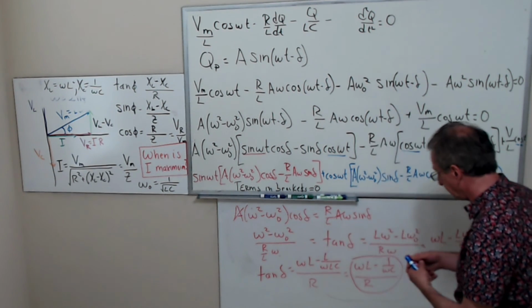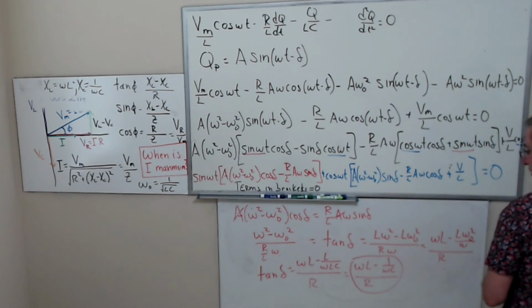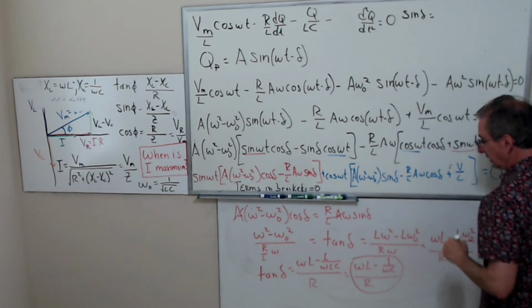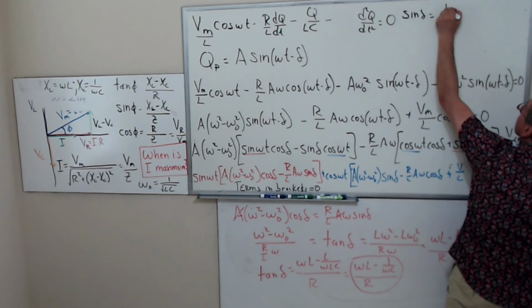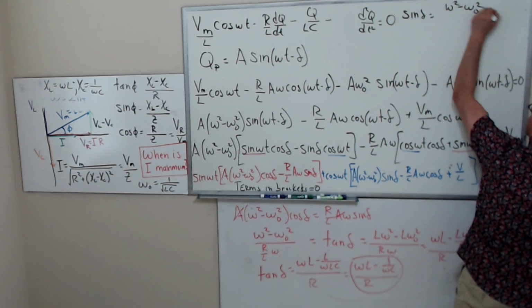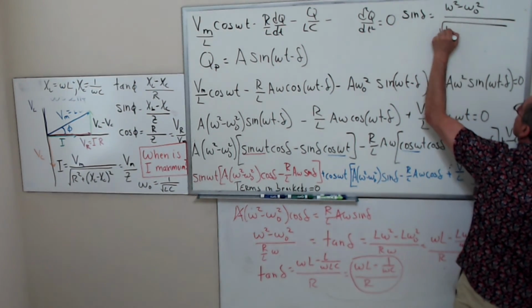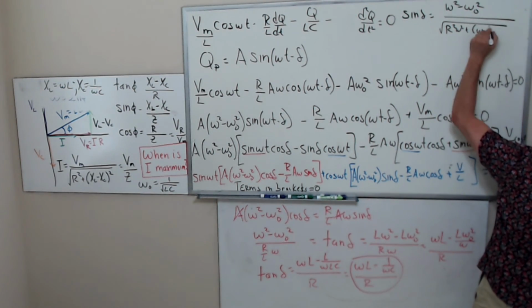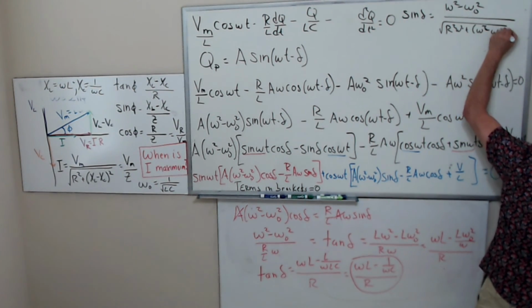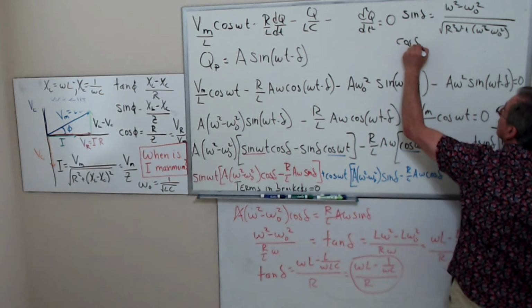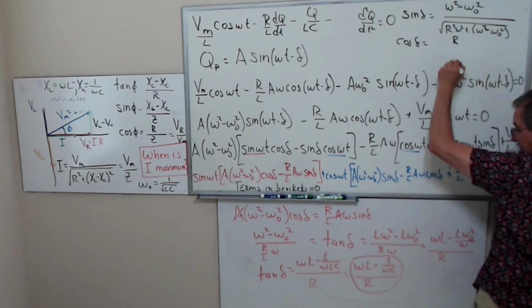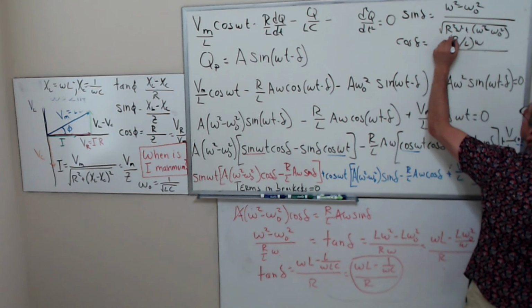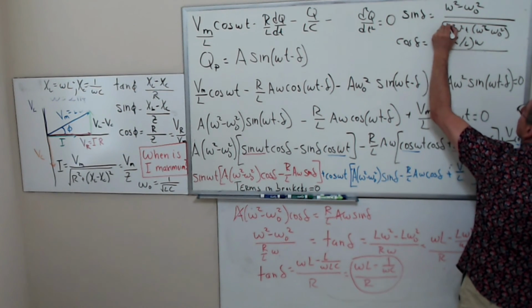So because this is true, then sine of delta has to be equal to, and cosine of delta, I forgot the L here.